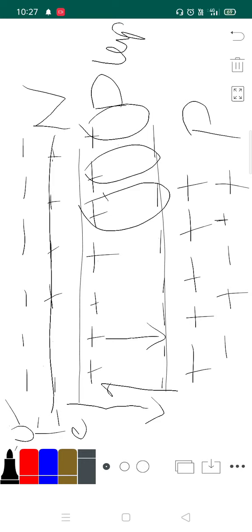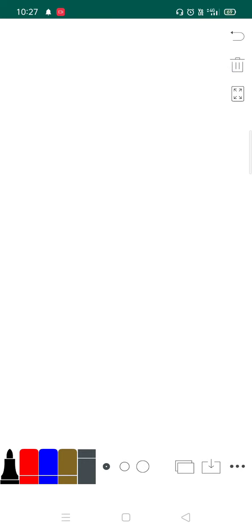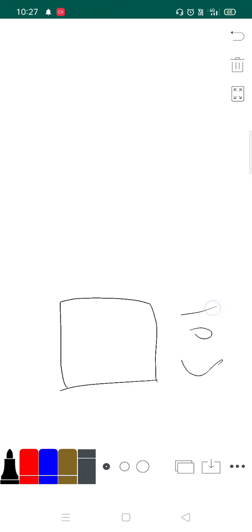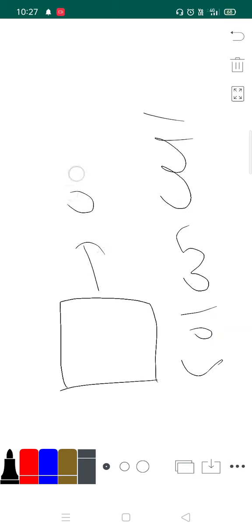I will try to explain in detail. So the summary: this is a solar cell. Each solar cell can produce 0.5 volts of electricity.